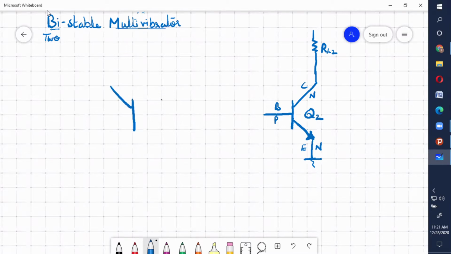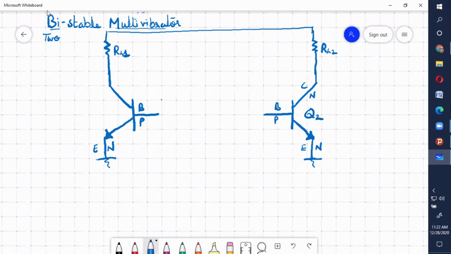One more transistor I am taking, which is also an NPN transistor. Its emitter is also connected to ground. Students, have you copied?